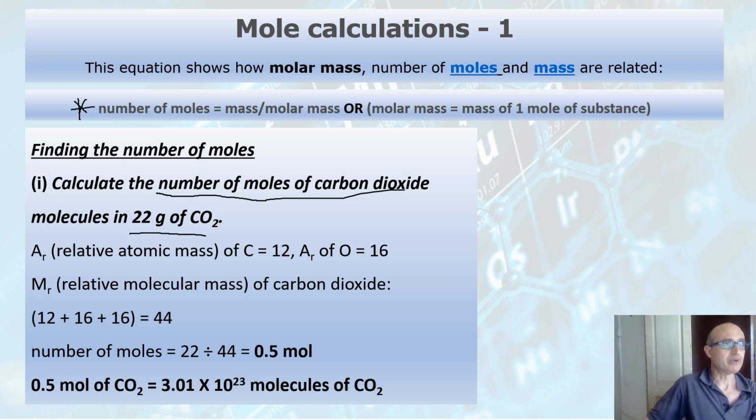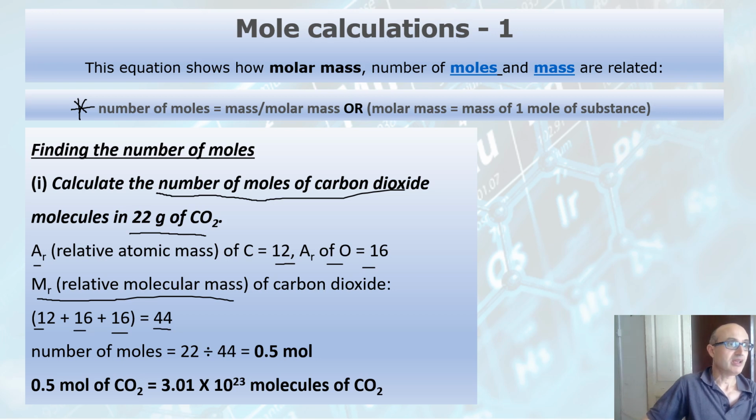Now, remember that the relative atomic mass of carbon is 12 and the relative atomic mass of oxygen is 16. So we can say what the relative molecular mass of carbon dioxide is, and as we've already done, since we have one carbon, it's 12, and two oxygens is 16 by 2, the relative formula mass of carbon dioxide is 44.